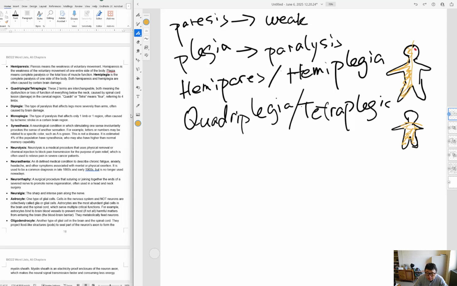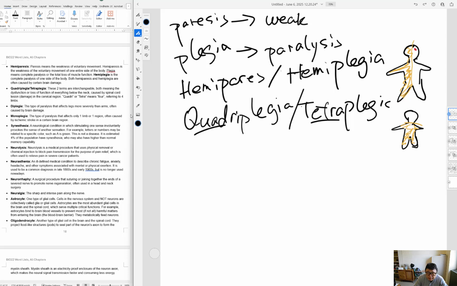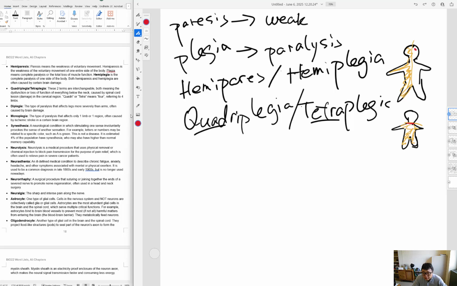Quadri and tetra mean 4. It means 4 limbs, but not only 4 limbs. Everything beneath here is lost. Sometimes even senses are lost. Not only can it not move, it also loses senses. This one is often caused by damage to the spinal cord in the neck.